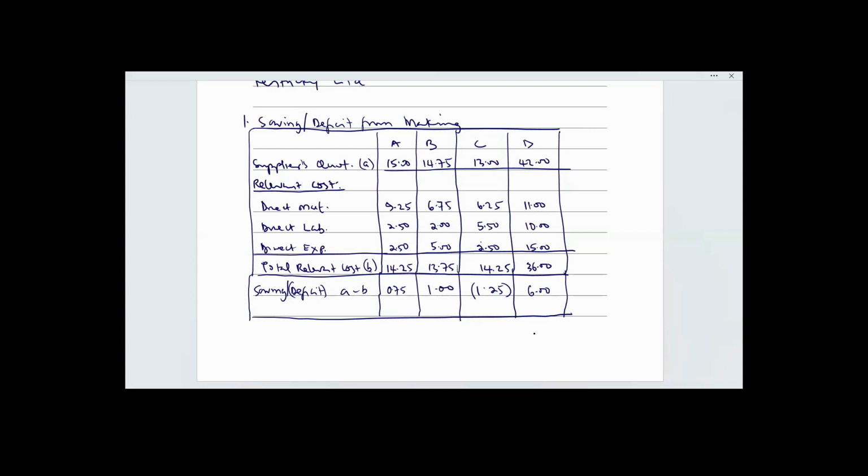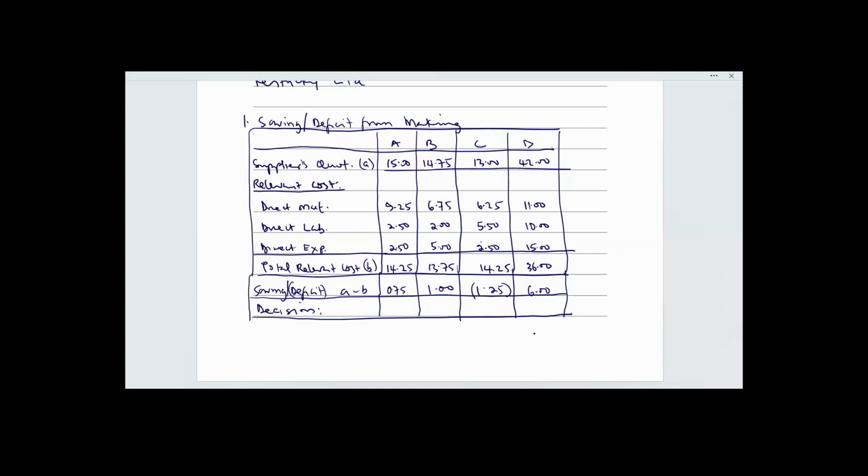Now, we have determined savings or deficits. The next thing we need to do is to make a decision. The supplier's quotation for component A is 15 naira, something that costs you 14.25.